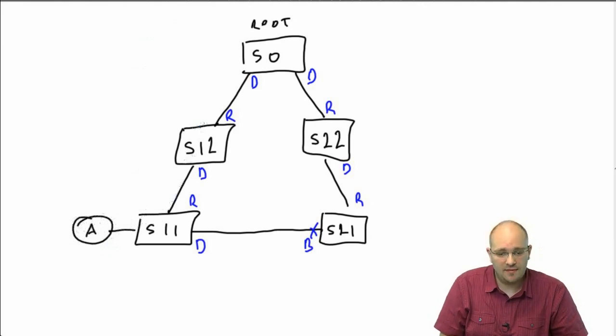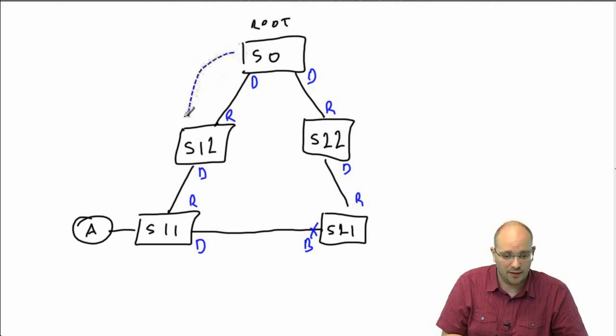What is happening in this network is that every 2 seconds, every hello time, our root, switch 0, is generating configuration BPDUs. These configuration BPDUs are propagated as such. So this is a configuration BPDU. It's being sent here, it's being sent here.